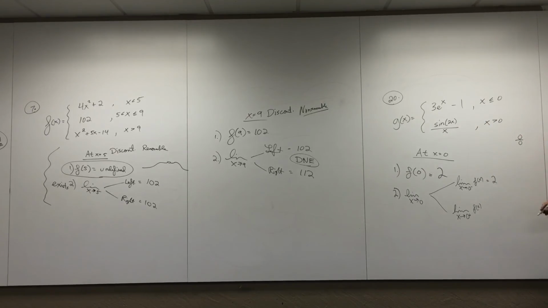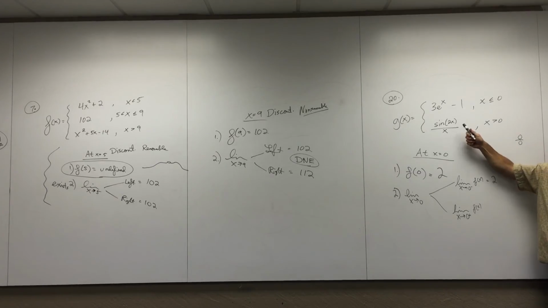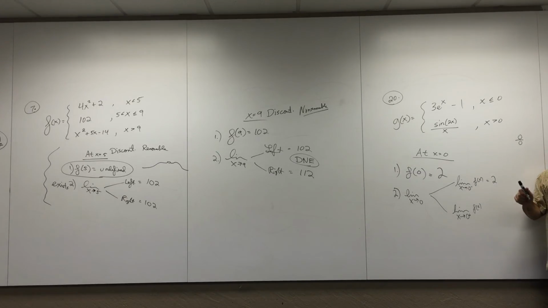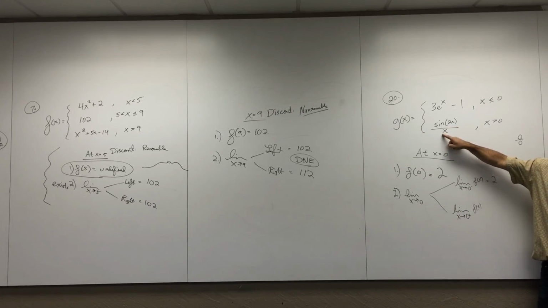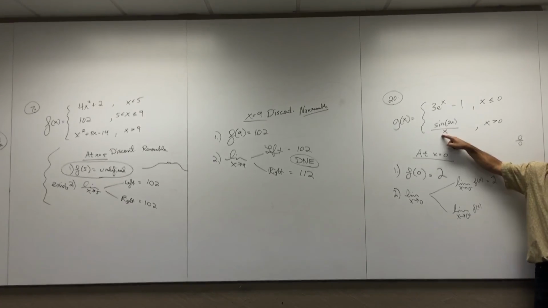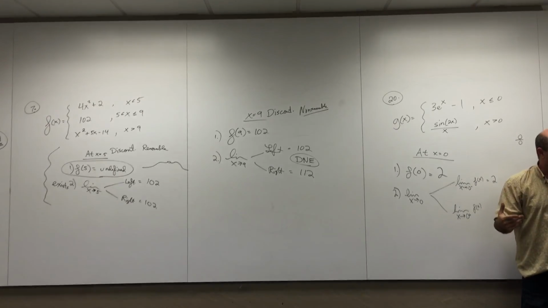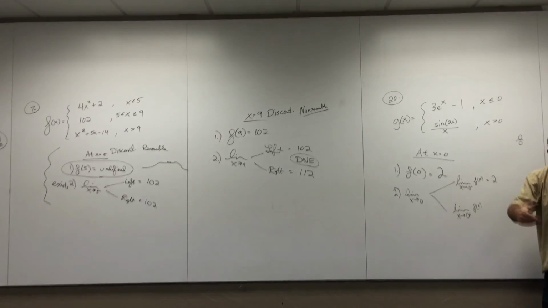From the right, you plug in a 0 and you get that 0 over 0 thing. This looks a lot like my famous theorem. It's only my famous theorem if this can match this. How do I make this match this? Multiply by a 2 in the denominator, forcing that to be a 2x. If you multiply by 2 in the denominator, you have to multiply by 2 in the numerator.